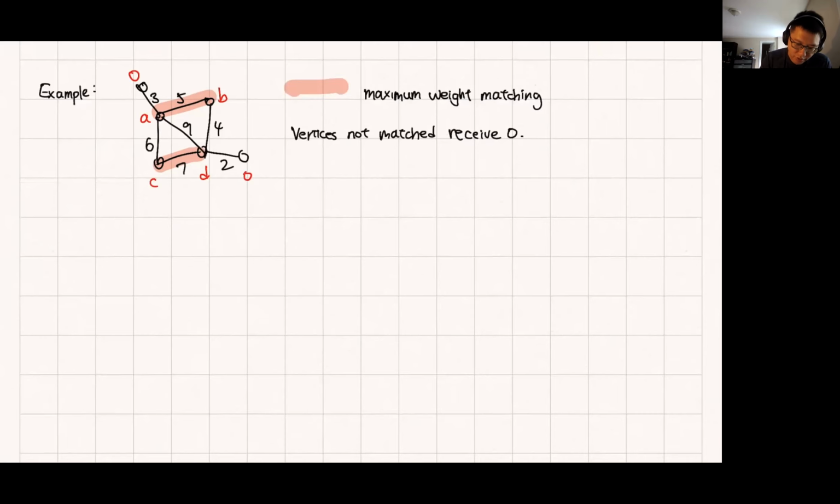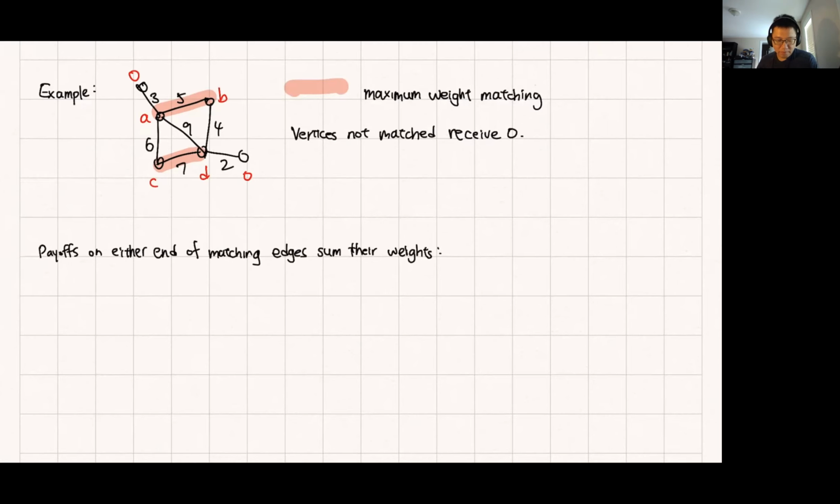No payoffs on either end of matching edges sum to their weights. So in this case, we have A plus B is equal to 5, and C plus D is equal to 7.